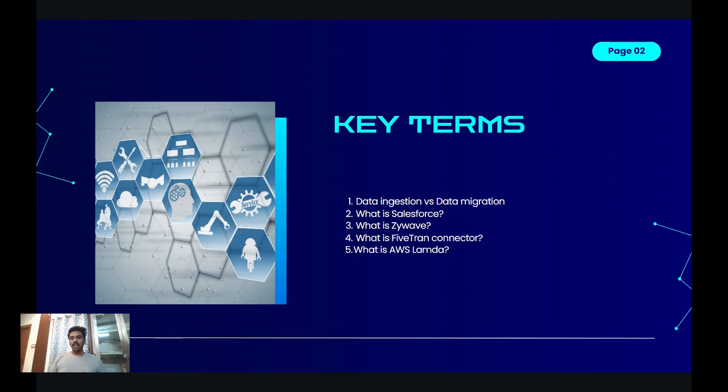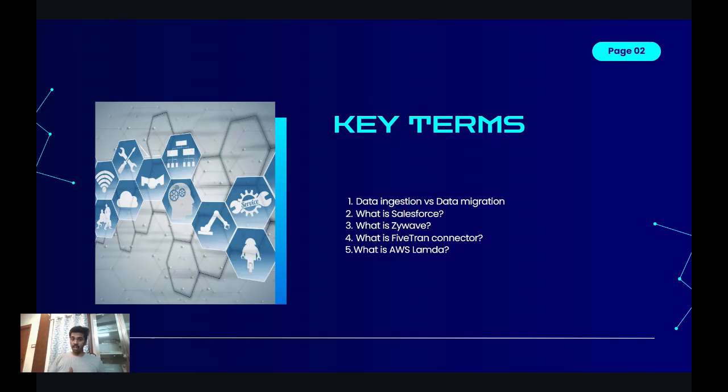What is the difference between data ingestion and data migration? Data ingestion is putting the data from one source to the target, where continuous and repeated chunks of data are transferred. Suppose, for example, the source is AWS and the target is Azure.